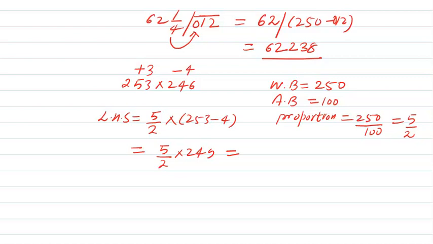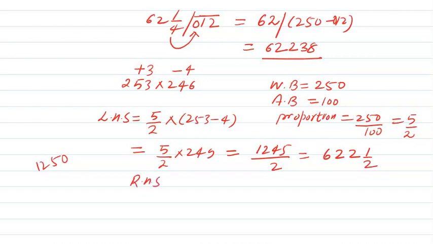So 250 into 5 will be 1250, and minus 5. So this will be equal to 1245 divided by 2, right? So this will be 622, right? 622, and then half, right? So this is your left hand side in this case.